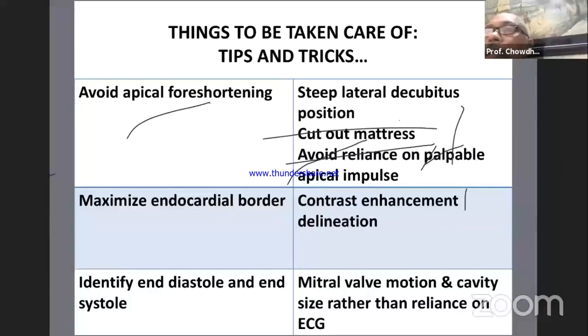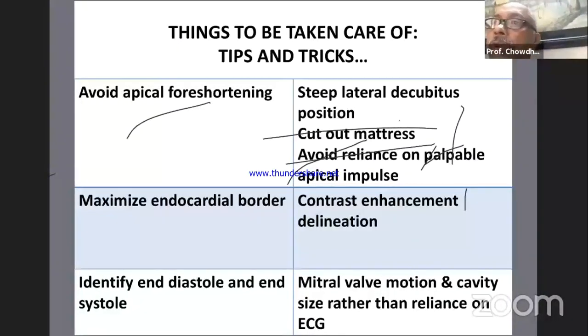These are the steep lateral decubitus position, and we should use the cutout mattress. Every echocardiographic examination table should have a cut point so that the transducer can be placed more laterally, and we can have a steep lateral decubitus position. At times we rely on the palpable apical impulse, but that should not be the rule.